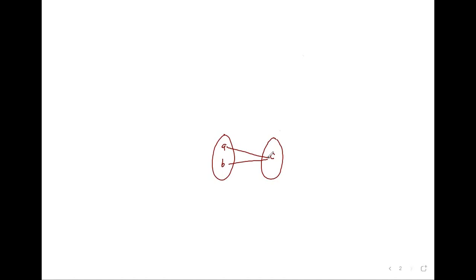This is a function. But the one that fails to be a function is this one. I have A, it gives me B, it gives me C. So this is not a function. You can't have, on the graph, them shade here and shade there, and then call it a function.